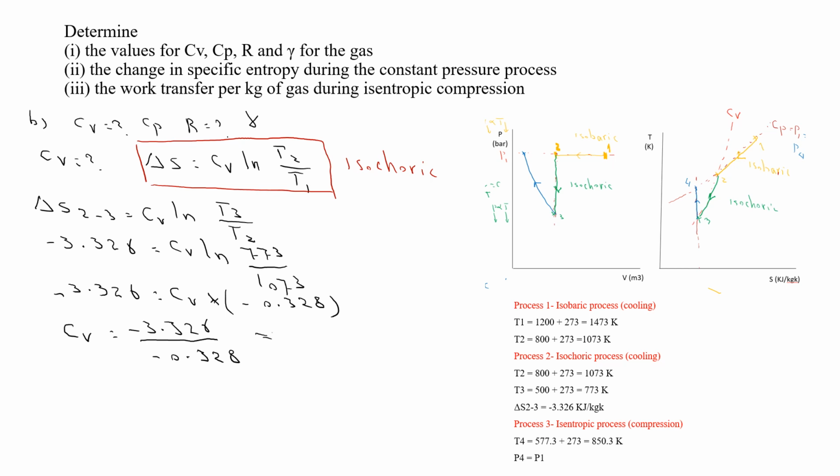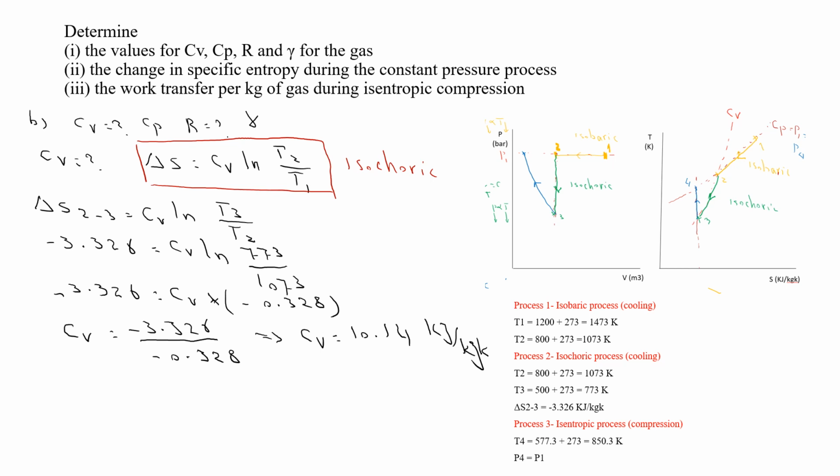So from here we get Cv equal to 10.14, and the unit is kilojoule per kilogram Kelvin.